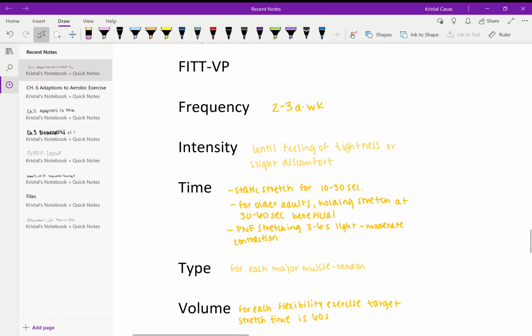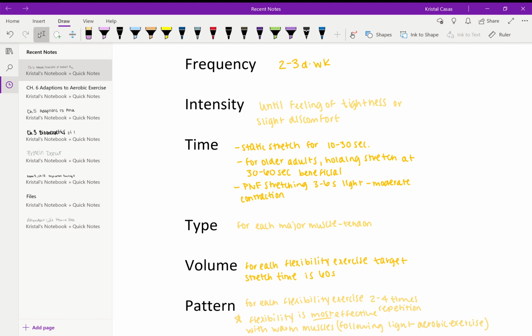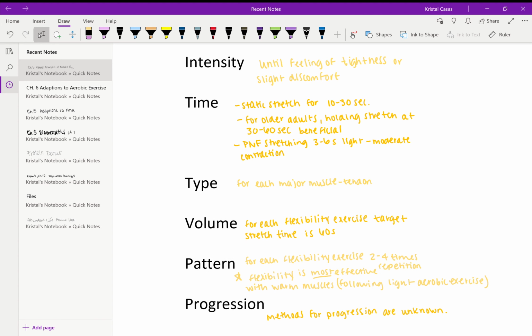FITT-VP for stretching is 2 to 3 days a week. The intensity would be until you feel tightness or slight discomfort. Time for static stretch, 10 to 30 seconds. For older adults, holding a stretch 30 to 60 seconds could be very beneficial. PNF stretching would be 3 to 6, light to moderate.